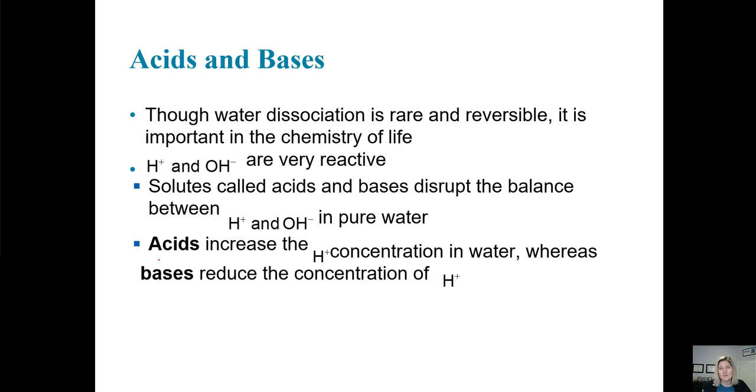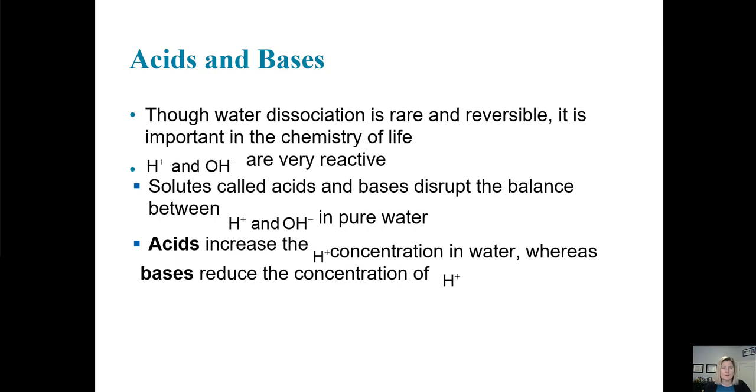If we have a solute that's an acid, it's going to increase the hydrogen ion concentration in water. If we have a solute that reduces the concentration of hydrogen ions, it's considered a base.